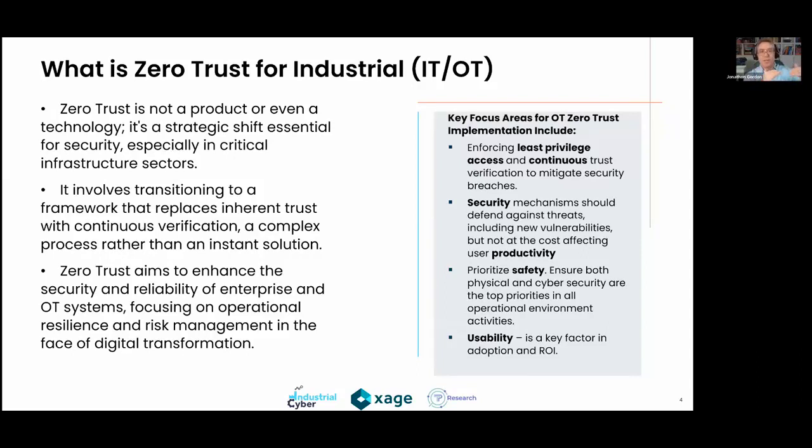Either you're inside the perimeter and trusted, or you're outside the perimeter and untrusted. And so the market now is moving towards this continuous verification of trust, identity, role, the access requirements, the needs, regardless of where you are.